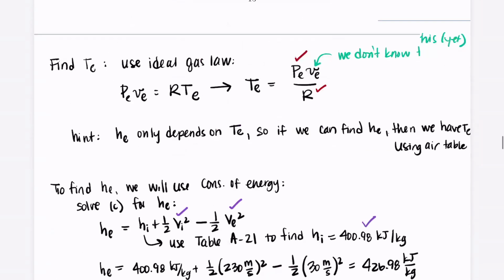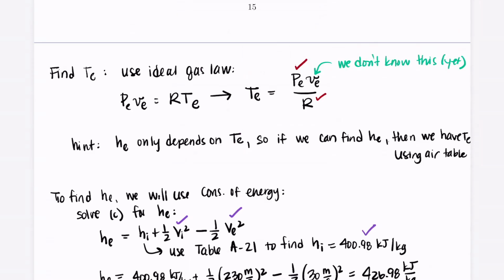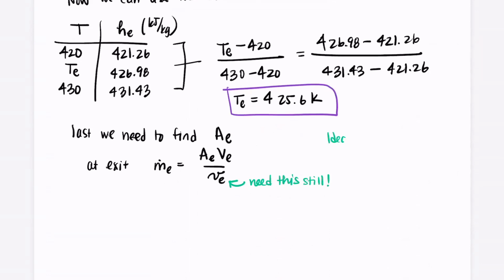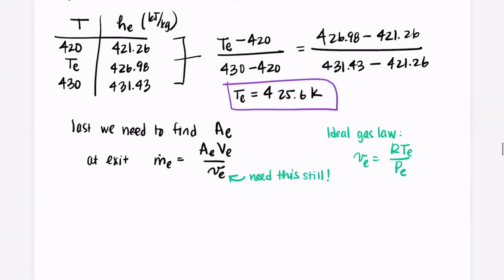But if you remember when we had our ideal gas law, we didn't have TE or VE, but now we have TE, so we can use that to solve for VE, right? So we can use the ideal gas law, which gives us that VE is equal to RTE over PE. All right, R is 0.287 kilojoules per kilogram Kelvin.